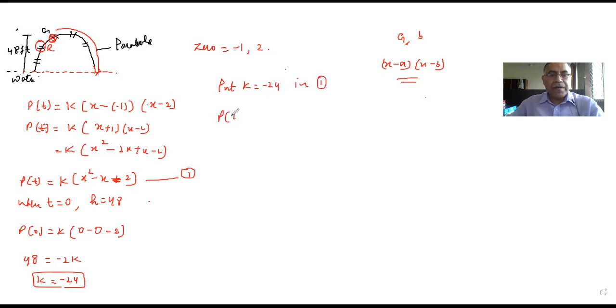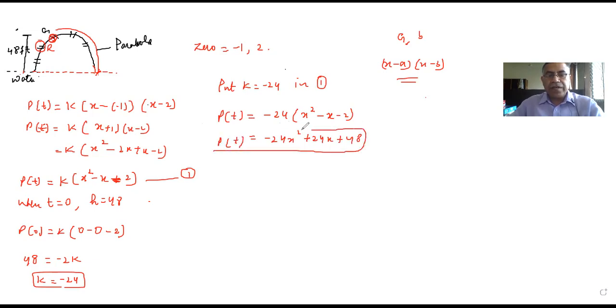So my p(t) is equal to minus 24 times (x square minus x minus 2). Multiplying, minus 24x square plus 24x plus 48. This is the standard equation of Rita.